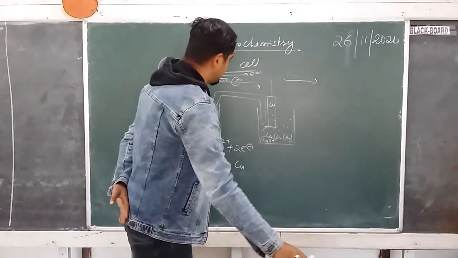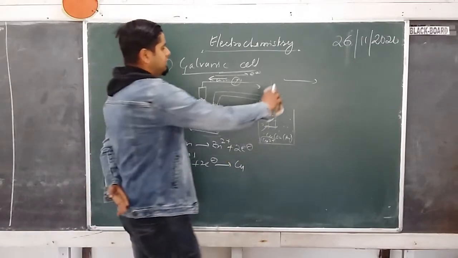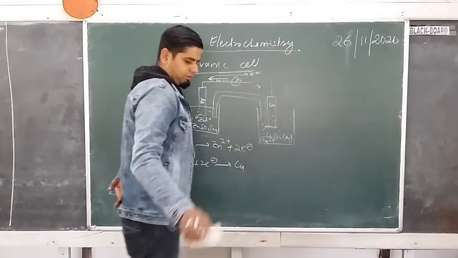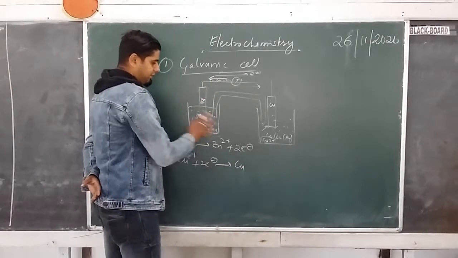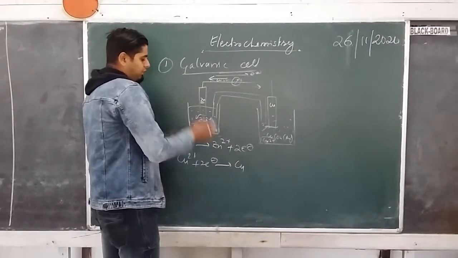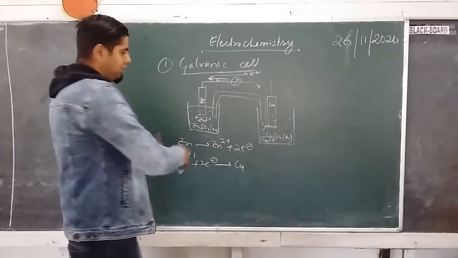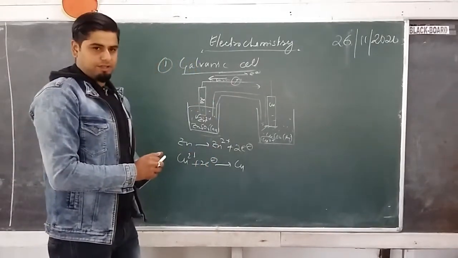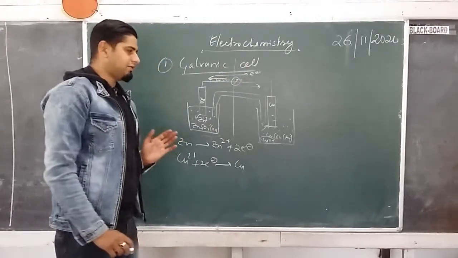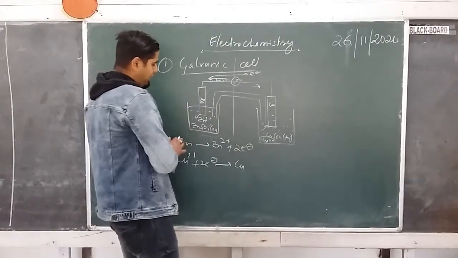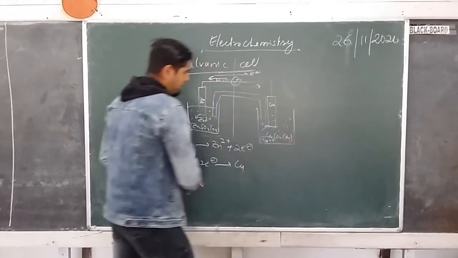Okay, so now you have to understand one thing, that is oxidation and reduction here. In one case there is an oxidation reaction and in another case there is a reduction reaction. So suppose if I break this into two halves, then the first half is oxidation and the second half is reduction.